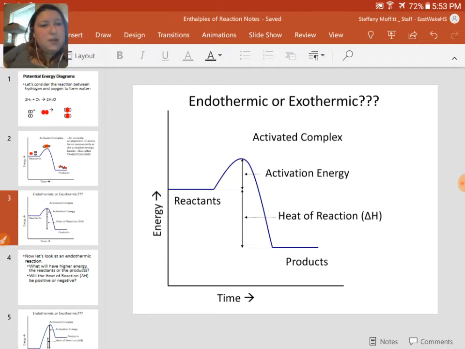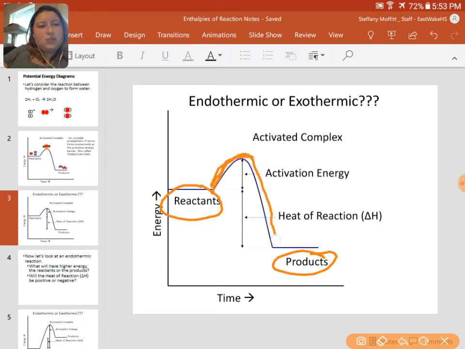So here we can see a couple things. We have our reactants still right here. We still have our products down here. Depending on what this jump looks like, will determine if it's endothermic or exothermic, or technically the endothermic or exothermic determines what the jump looks like, but either way.